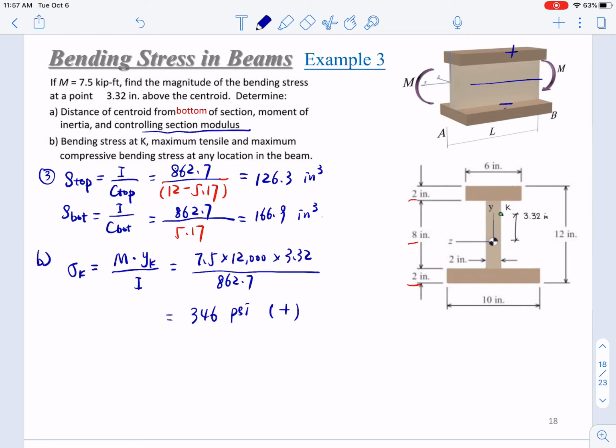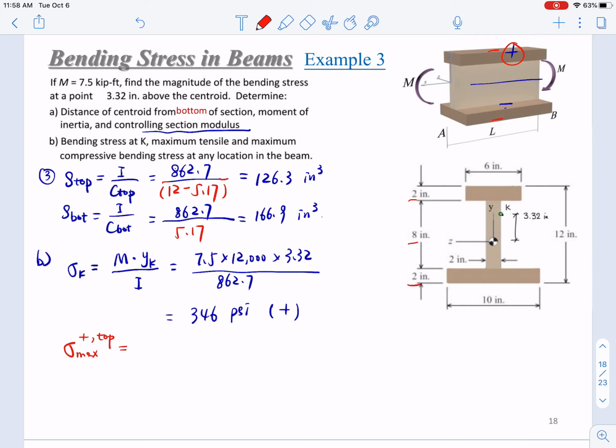Okay, so what is the maximum tensile and maximum compressive bending stress? According to this analysis, the maximum tensile stress will be here on top. Maximum compressive stress will be here on the bottom. So the maximum tensile bending stress will be on top.